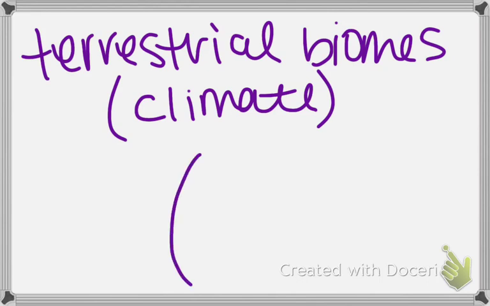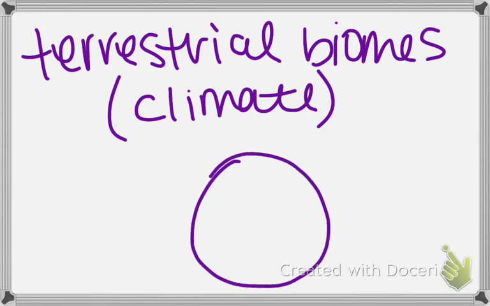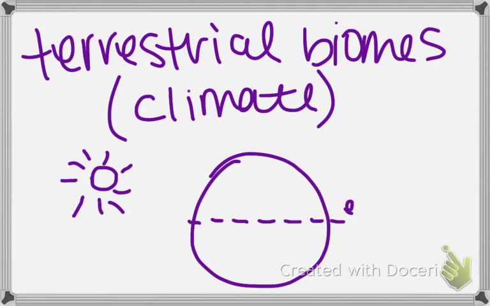So if we think about the globe as a whole, that looks like an egg. Hold up. That looks less like an egg. So if we say that this is Earth, and we have the beautiful sunshine radiating down on the Earth, what part of the Earth is going to get the most solar energy? The equator. That nice invisible line that divides our Earth in half.